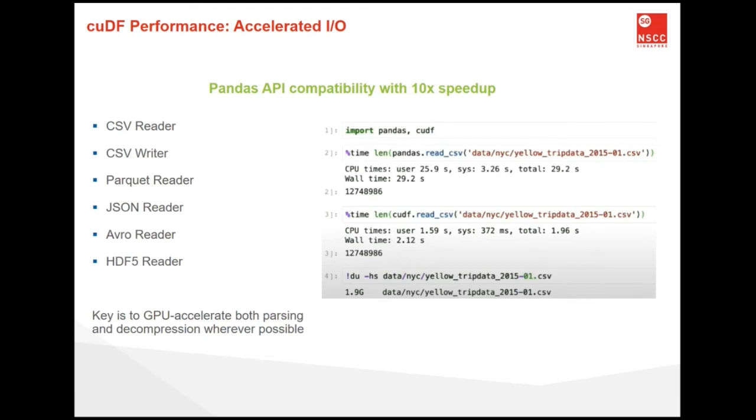And it's about 29 seconds using pandas and 2 seconds in cuDF. And there are also a CSV writer, Parquet reader, JSON reader, other readers, and an HDF5 reader. So the key to getting this performance is to accelerate both the decompression, if it's there, and also parsing, and doing all that on the GPU.